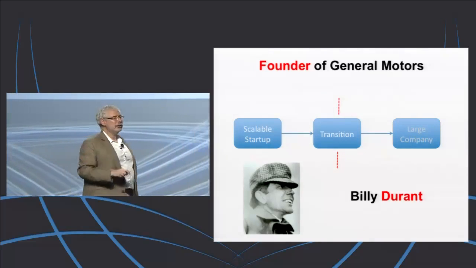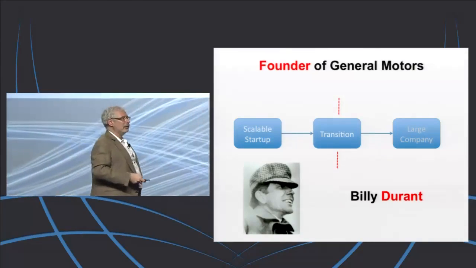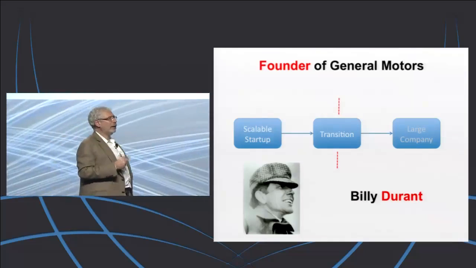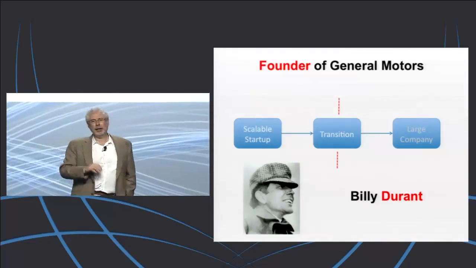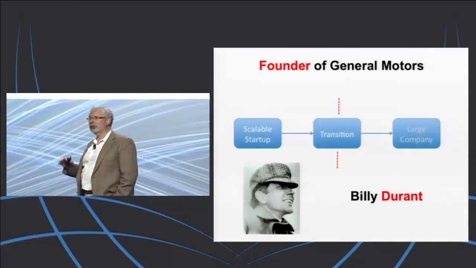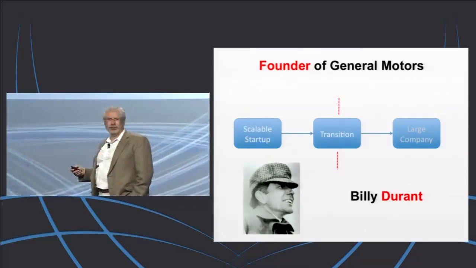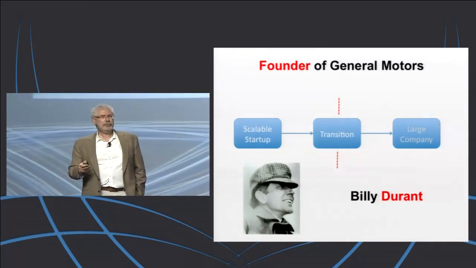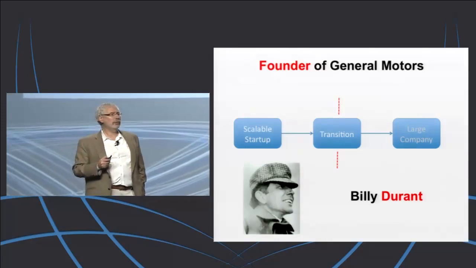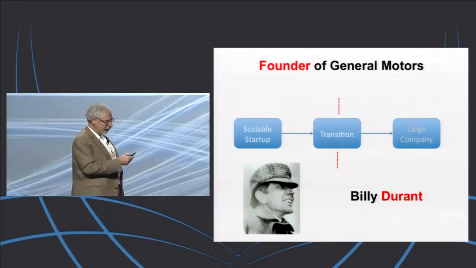And for the next 20 years, Billy Durant, because he wasn't a technologist himself, but a great entrepreneur, started buying up technology companies, the most advanced companies at the time, who were making automobiles. And Billy Durant built a company called General Motors. He was the founder.